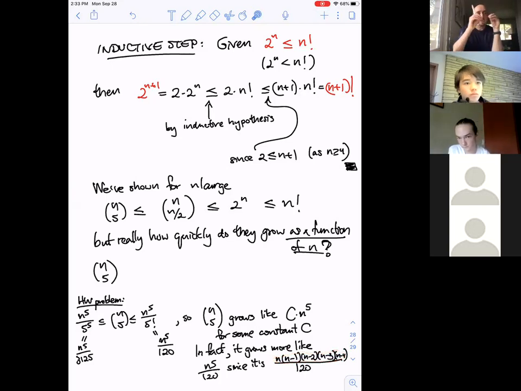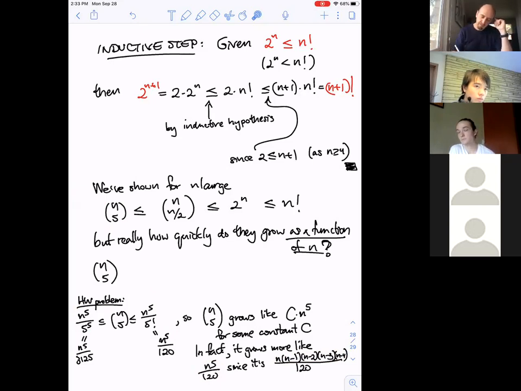If you expand it all out, it'd be n to the fifth minus something plus something in lower powers of n. It's approximately going to be like n to the fifth over 120. So that really is a pretty precise picture of the growth of n choose 5 as n gets large. Okay. So once you've done the homework problem, then you should be good in terms of understanding that one.